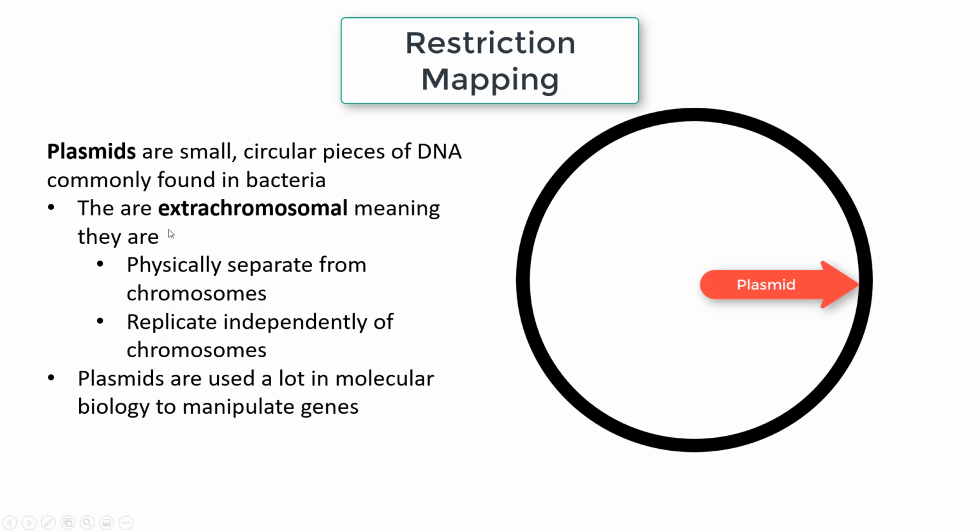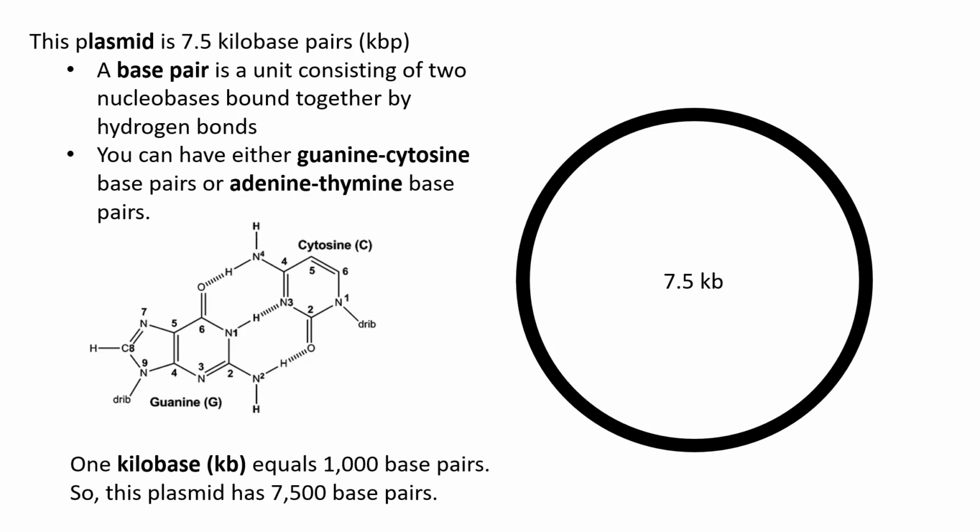They are considered extrachromosomal DNA, meaning that they are physically separated from chromosomes and they replicate independently of chromosomes. Plasmids are used a lot in molecular biology as tools to manipulate genes. So we're going to use a plasmid that is 7.5 kilobases in size.